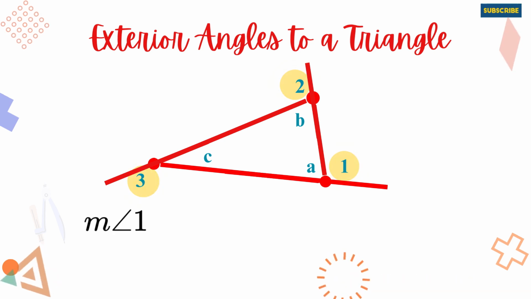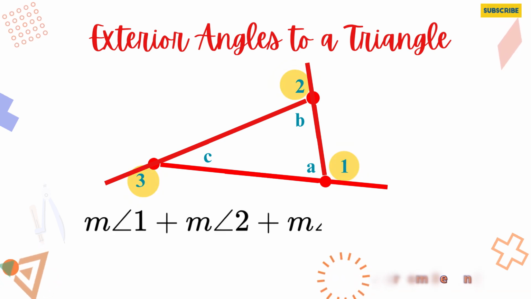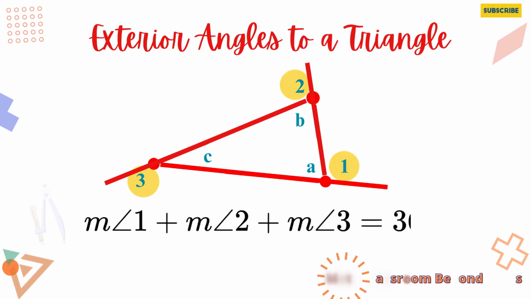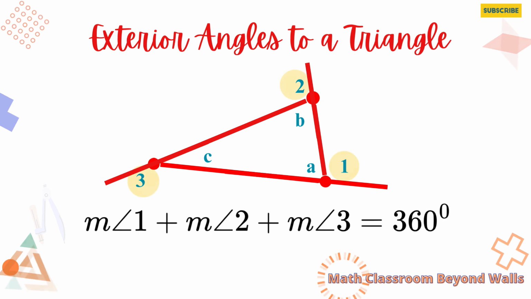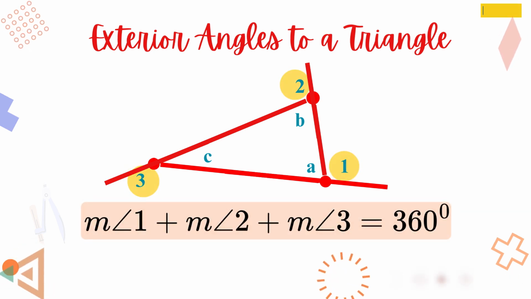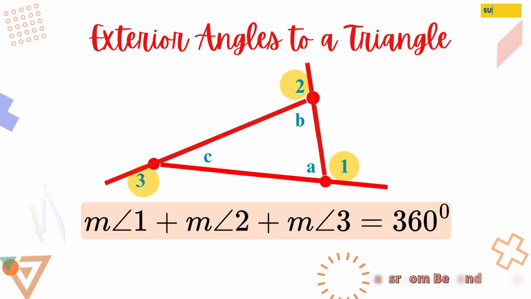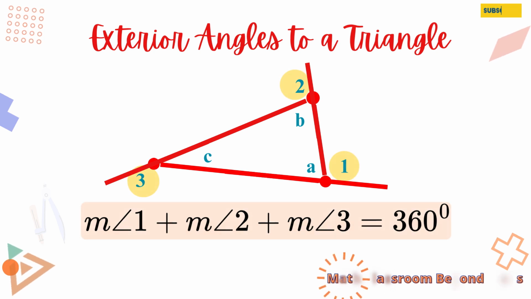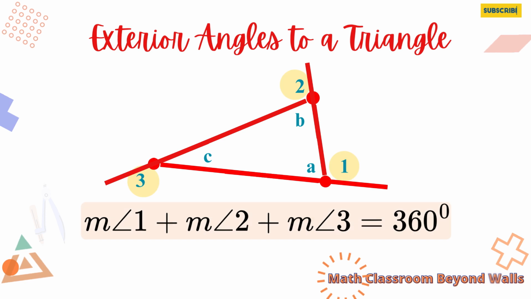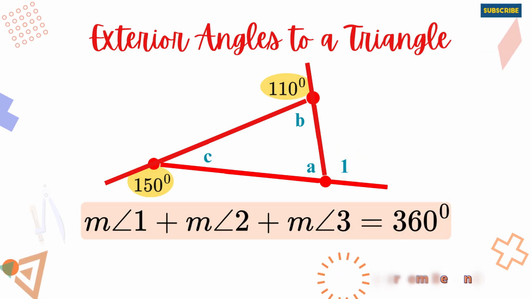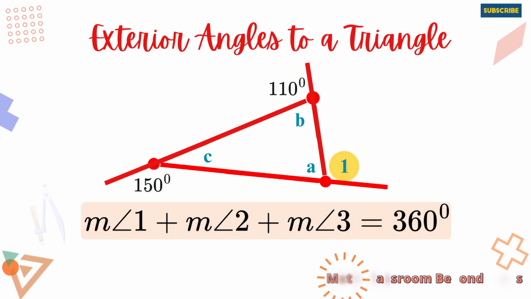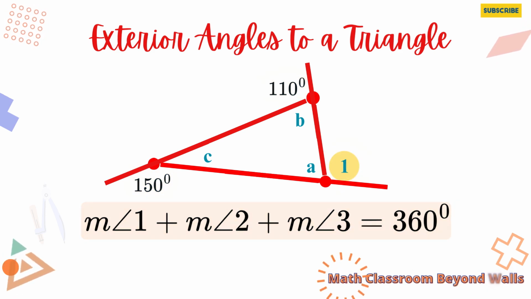That is, the measure of angle 1 plus the measure of angle 2 plus the measure of angle 3 equals 360 degrees. This relation is used in determining an unknown exterior angle if two of the three exterior angles are known.